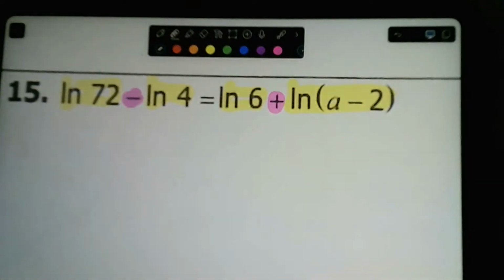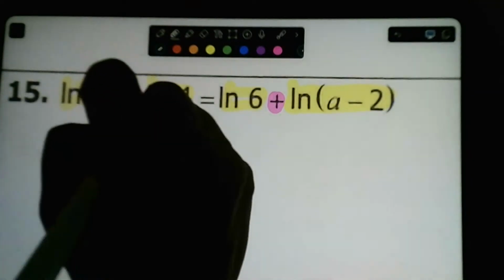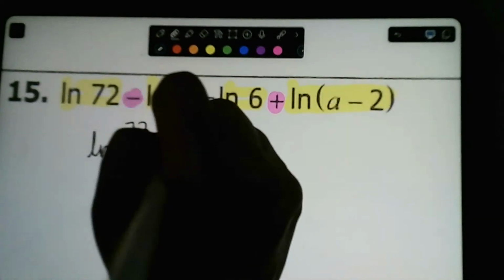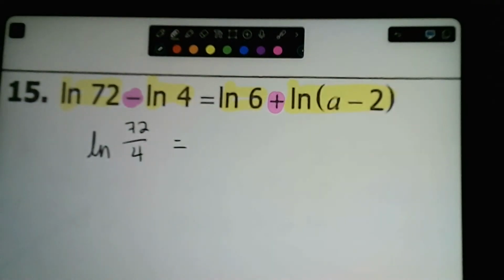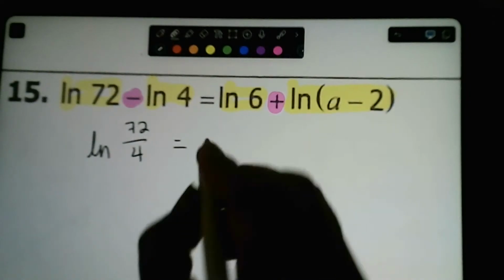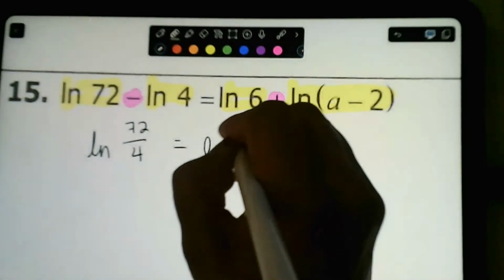So the left side, that's a quotient property. So I'm going to rewrite that as the natural log of 72 divided by 4. And on the right-hand side, that's a product property. So that's going to be the natural log of those two things being multiplied together.